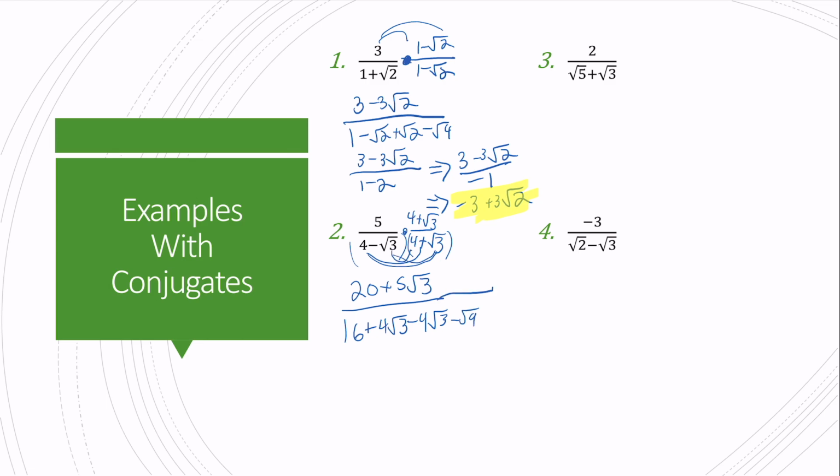So I have 20 plus 5 root 3 over 16 minus 3. So 20 plus 5 root 3 over 13. And then you should always check to see if you can simplify your fractions any further. In this example, we cannot.